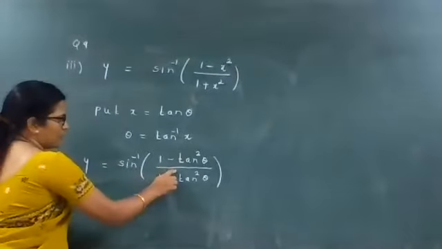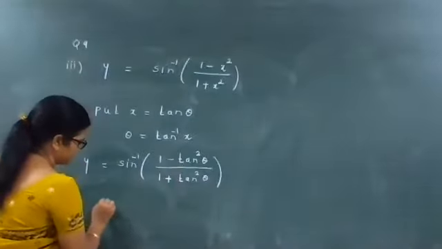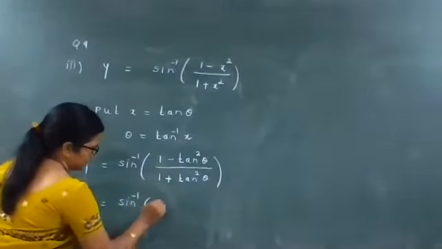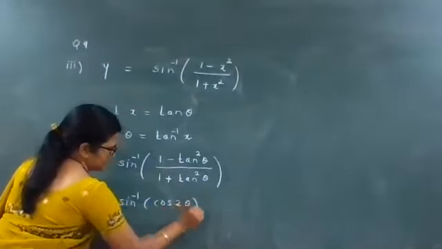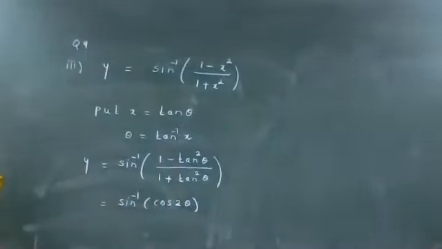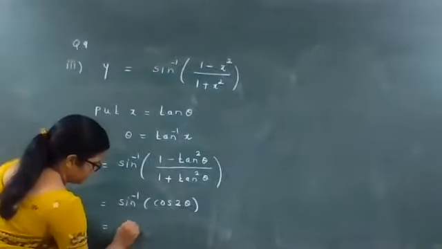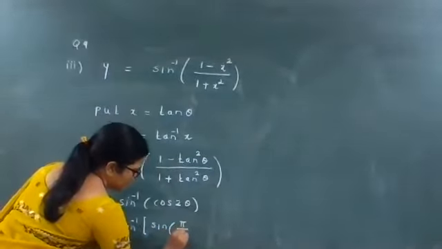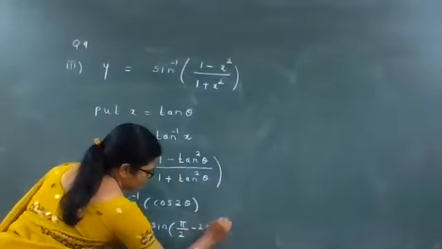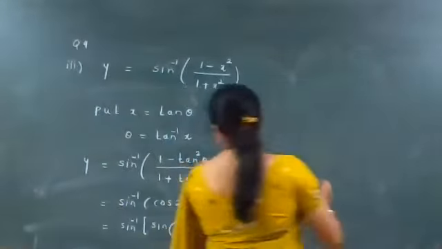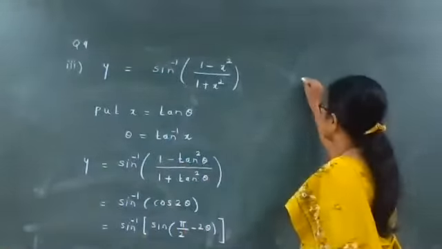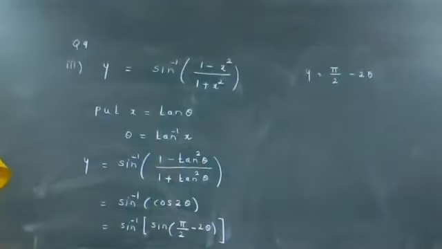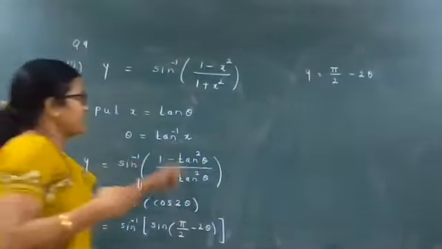It is formula for cos 2 theta. Change cos to sine. So you are getting y as, but write theta in terms of x. It is tan inverse x.